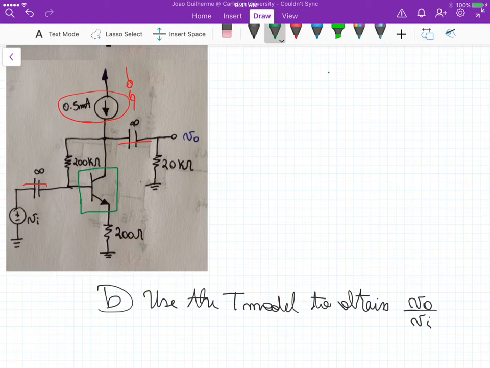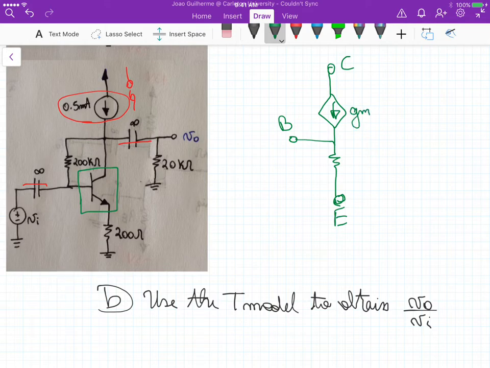If you remember, the T model is just a current source here; this is the emitter, this is the collector, and here is the base. And this is gm times Ve, which is the voltage across RE.